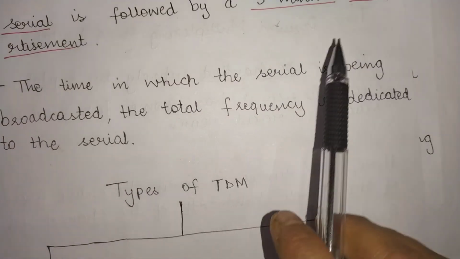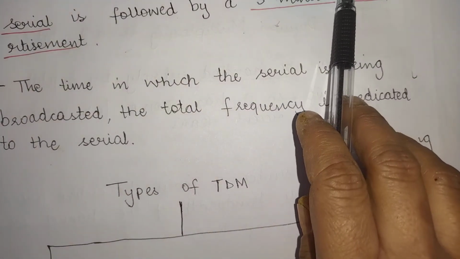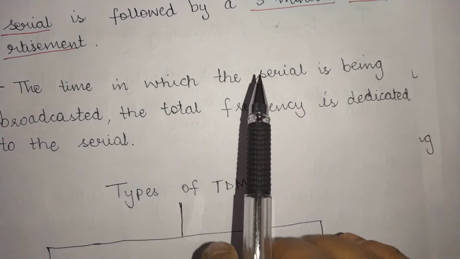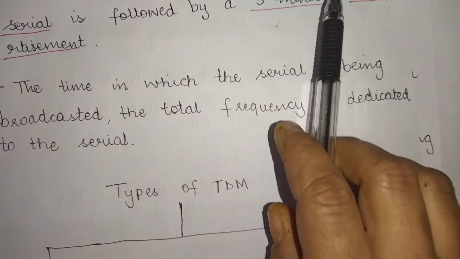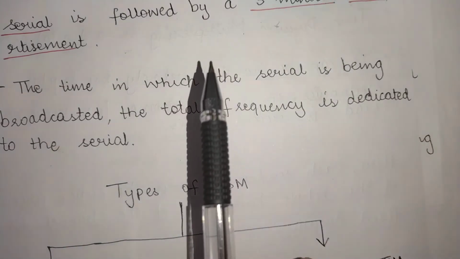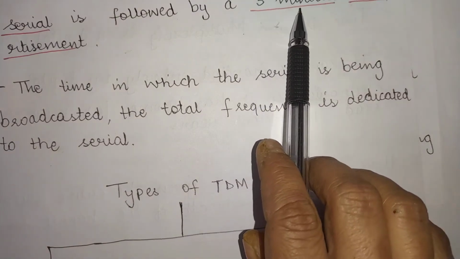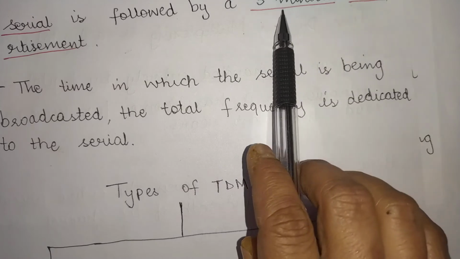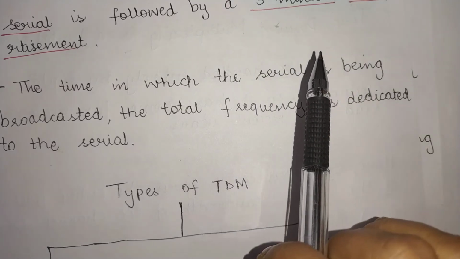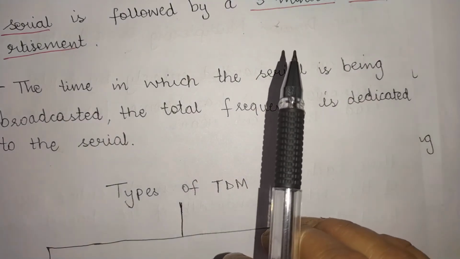So these 10 minutes are allocated completely to the serial, and the 5 minutes which are allotted to the advertisement are completely allotted to the advertisement.